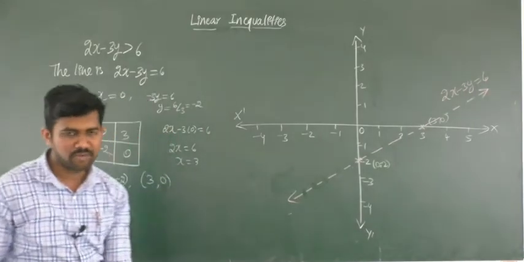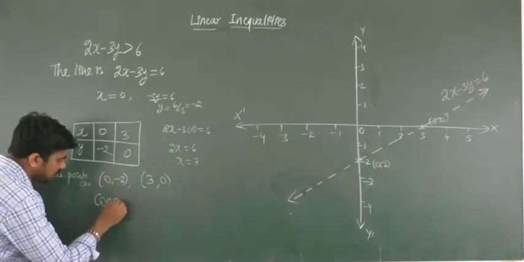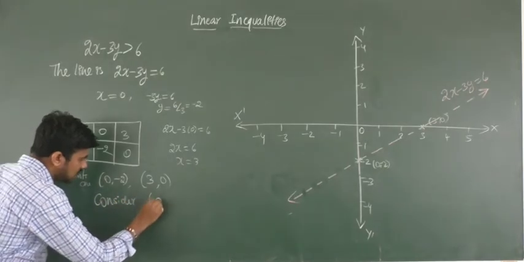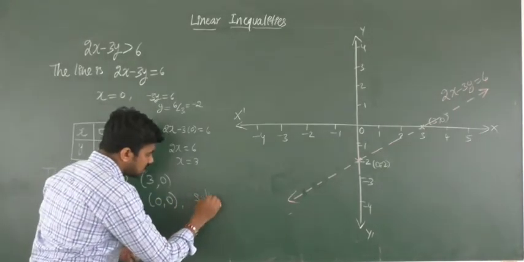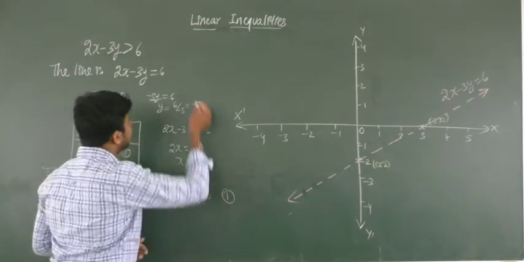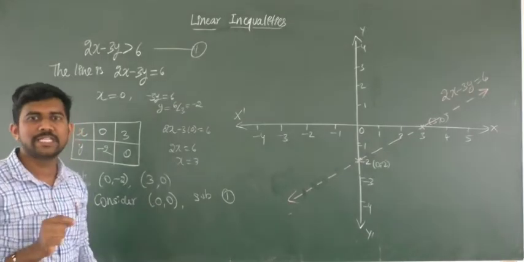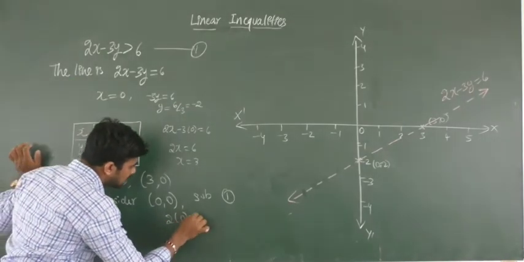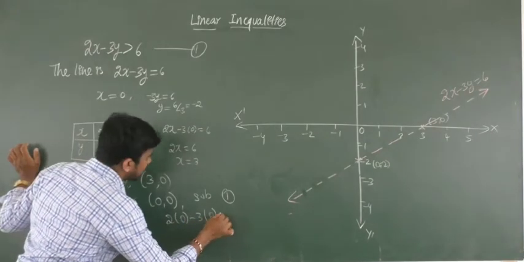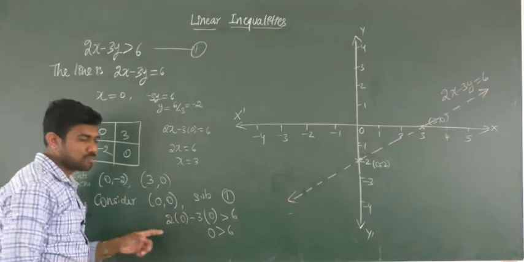So for our convenience we'll consider the origin, and substitute its coordinates in equation number 1, that is the given inequation. Substitute 2 into 0 minus 3 into 0 greater than 6. So 0 greater than 6, which is false.